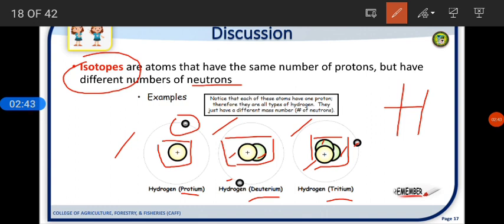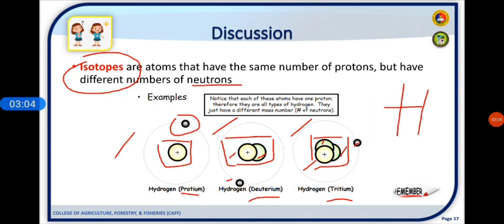So in protium there is no neutron, in deuterium there is 1 neutron, and lastly, in tritium there are 2 neutrons. Did you see that? Although these 3 hydrogen atoms belong to the same hydrogen element, because they have different numbers of neutrons, you call them the isotopes of hydrogen. I hope this makes it clear.